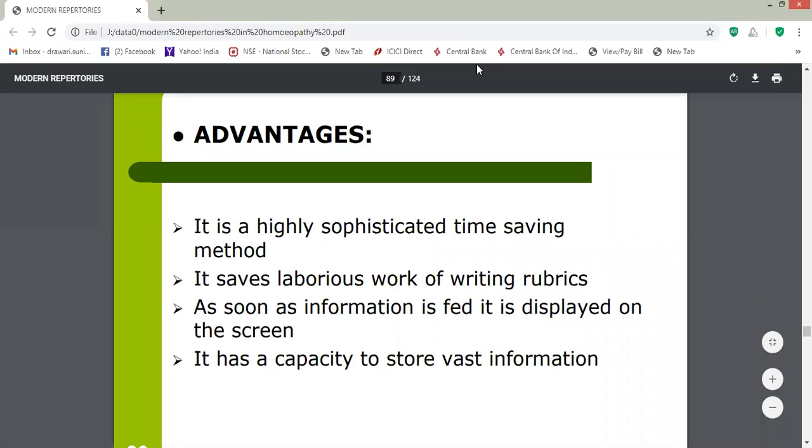We found extreme mechanical dependence. When we get in the habit of using these computer repertories, we become dependent on this mechanical, electronic device.